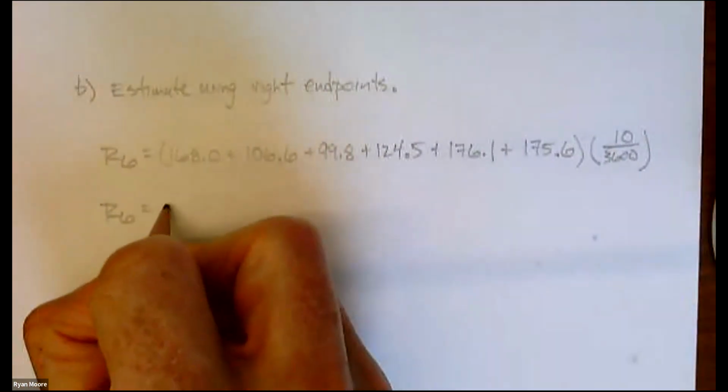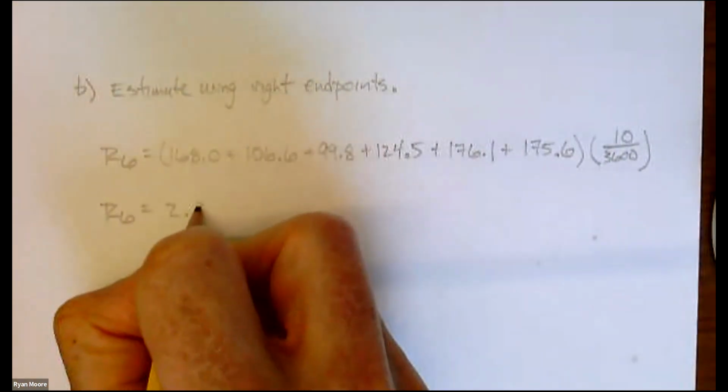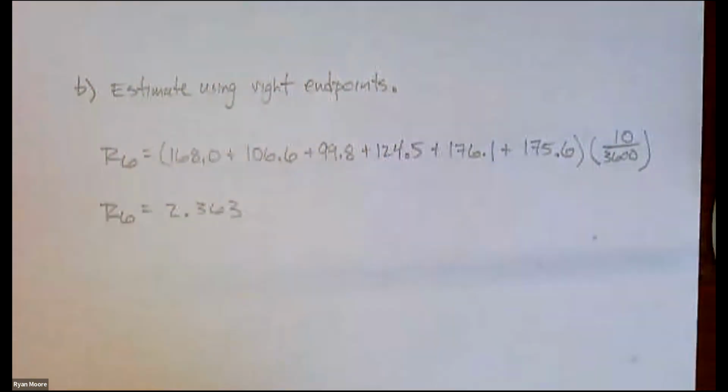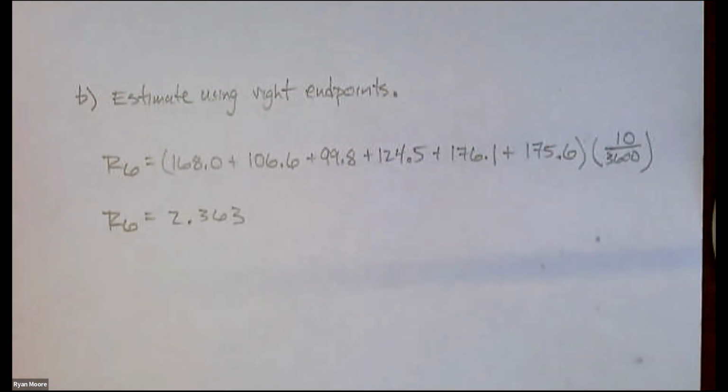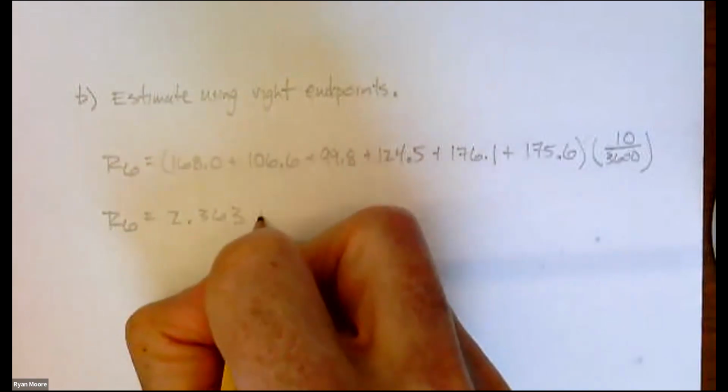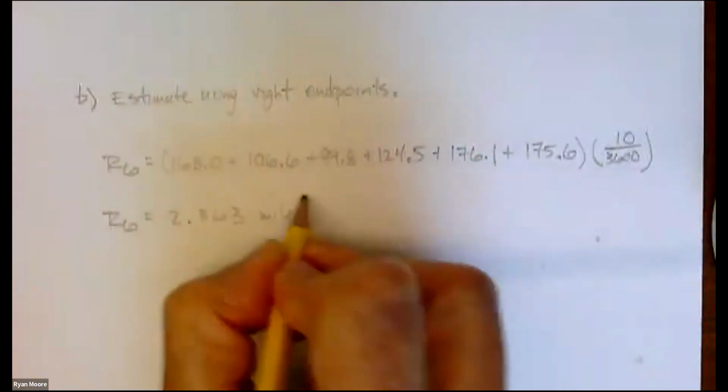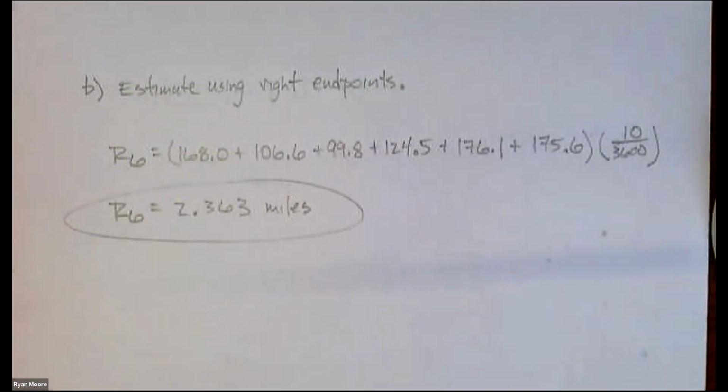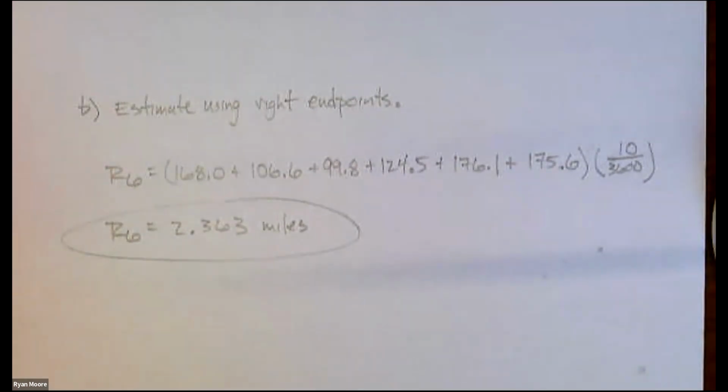I got a really similar answer, 2.363 when I round it. Really close, and that's miles again. It makes sense they'd be close to each other. There you go. Okay, very nice. You know about Riemann sums. That's it for our first section, 5.1.